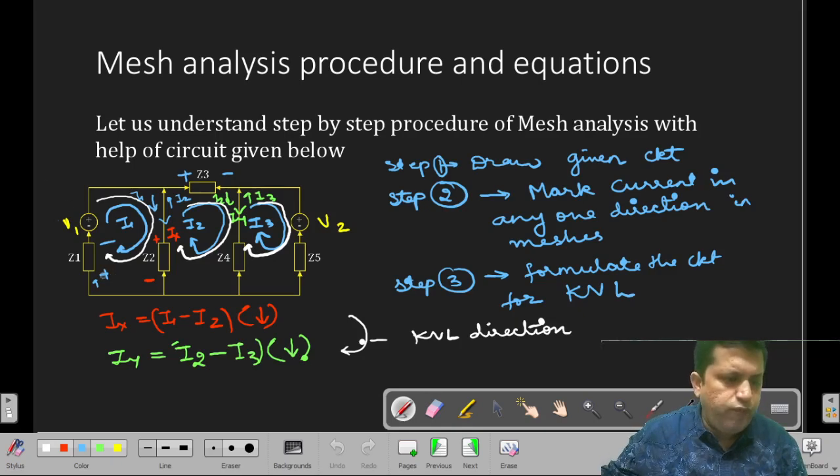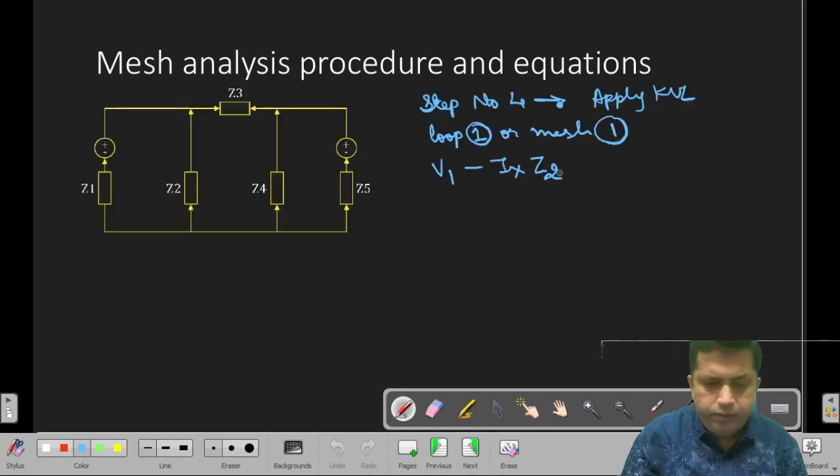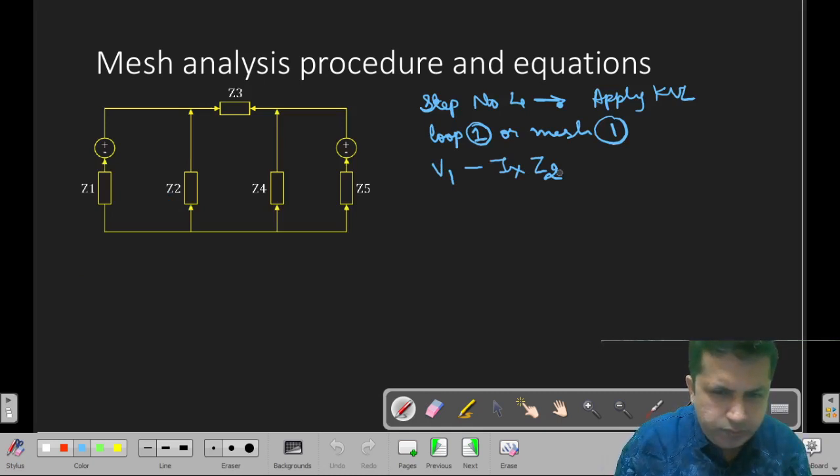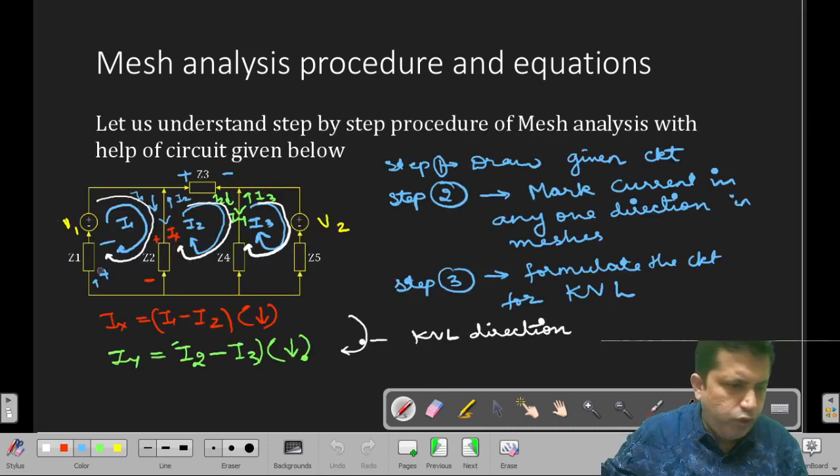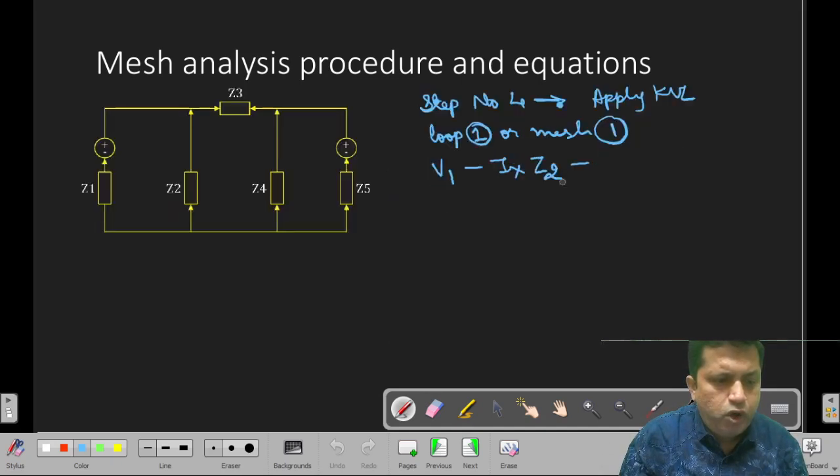Then we are going from plus to minus through Z1, so we get a voltage drop.